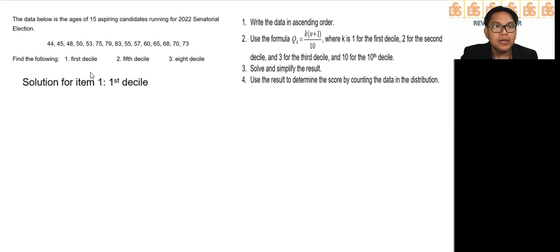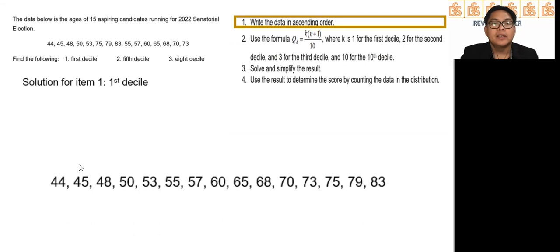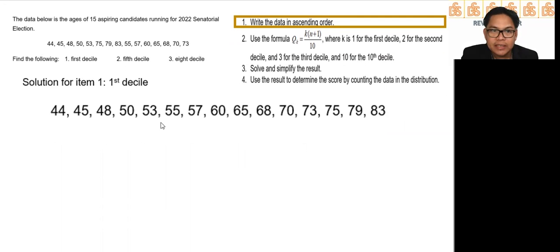Let's start with number 1. We are looking for the first decile. For us to do that, again, write the data in ascending order. So this particular data, 15 values, we arrange in ascending order. Double check: 44, 45, 48, 50, 53, 57, 55, 57, 60, 65, 68, 70, 73, 75, 79, 83.